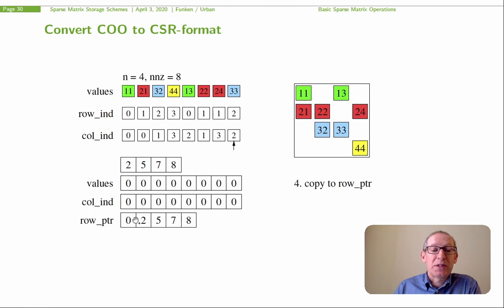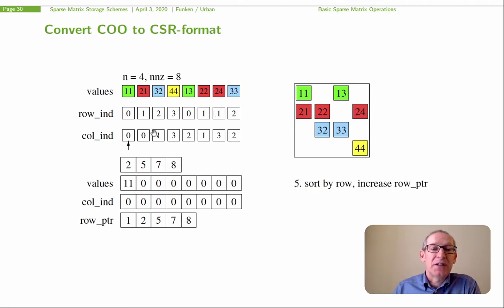So the first row will start at place 0, because we know there's nothing before 0. The second row will start at 2, because we know that in the first row there will be 2 entries. The third row will start at 5, because we know we have already 5 entries we counted before. And that's what we're doing now. So we copy the values corresponding to the row vector at the right place.